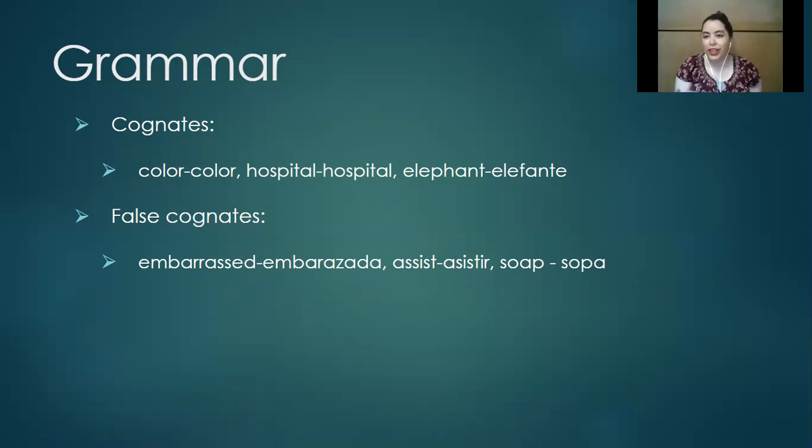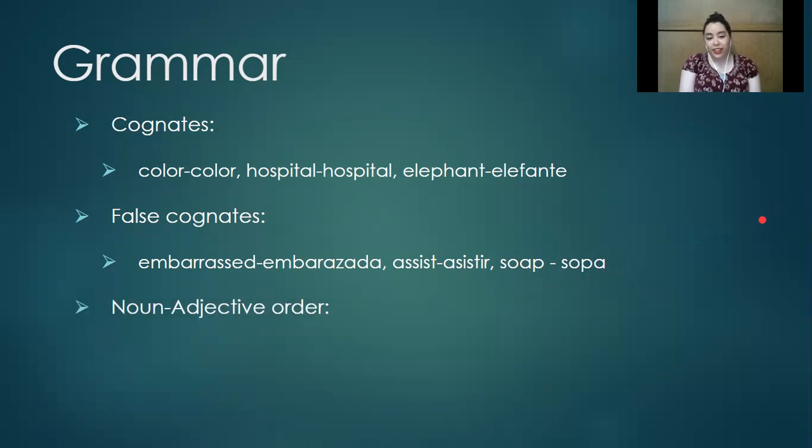Obviously, they're confusing the word asistir, meaning to attend, with the very similar English word to assist, which means to help. And then sopa is not soap, it's actually soup. So kind of similar, but it sounds more like soap. Soap in Spanish is jabón.